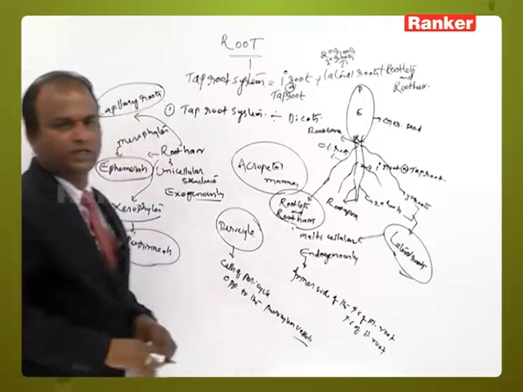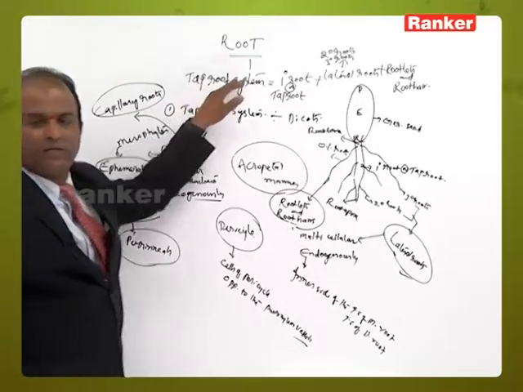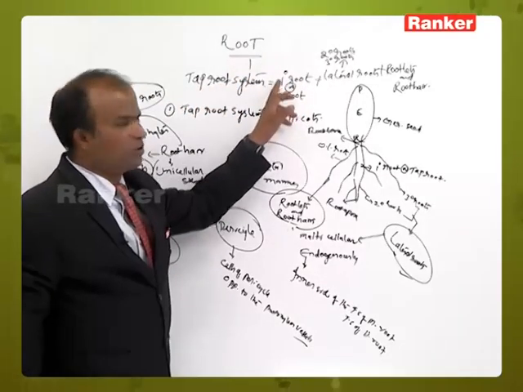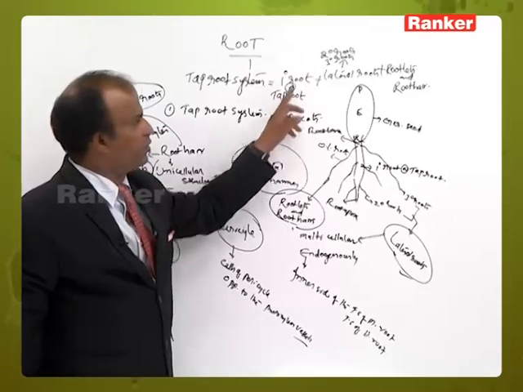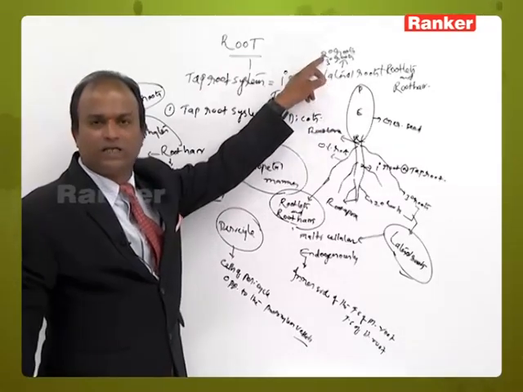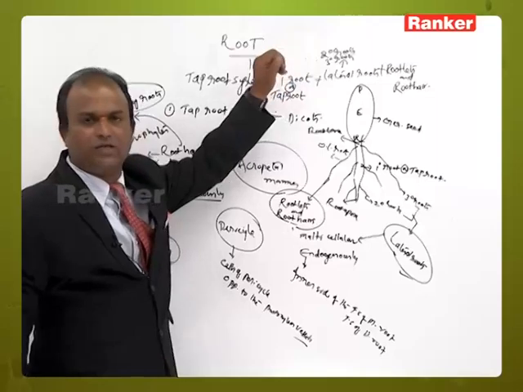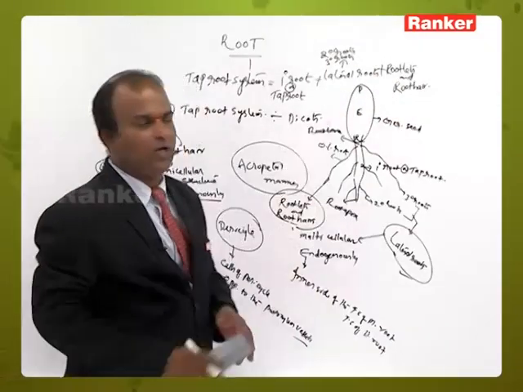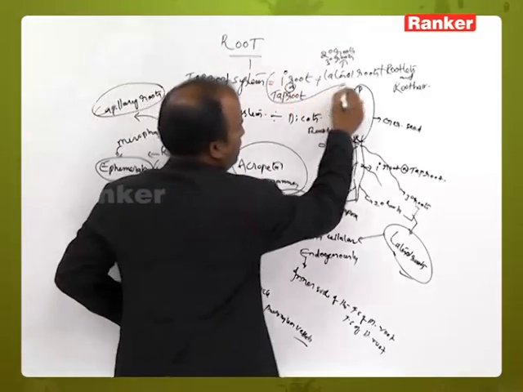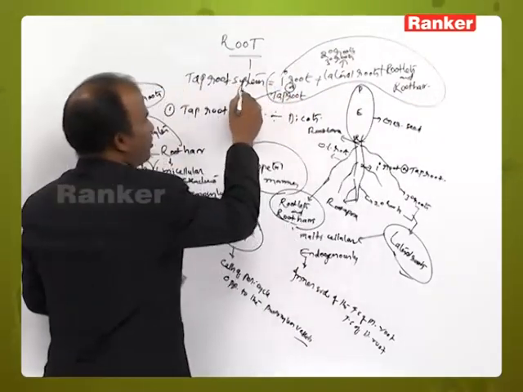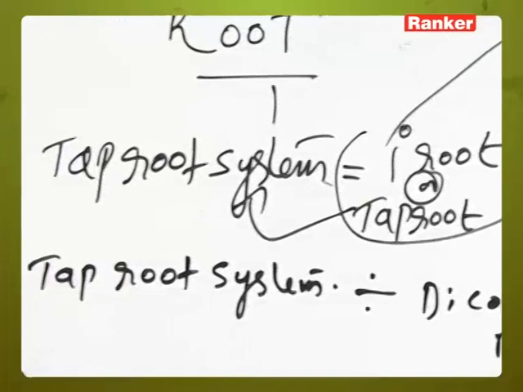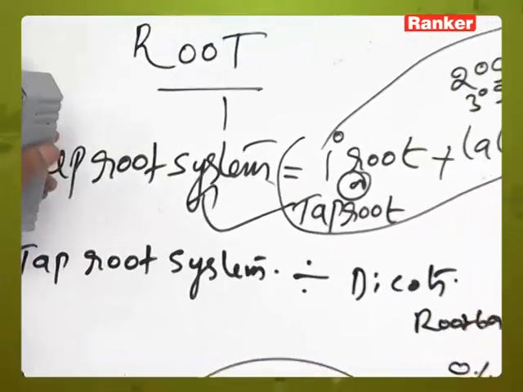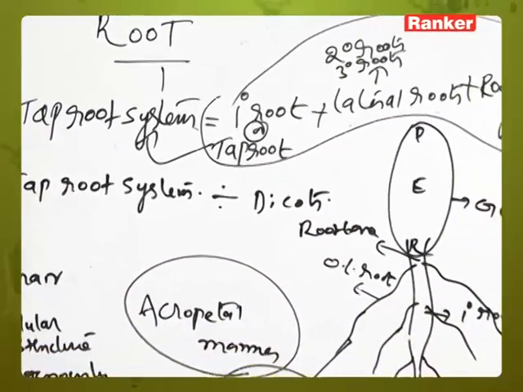Now listen here. The taproot system includes the primary root or taproot plus lateral roots, that is secondary roots or tertiary roots, plus rootlets and root hairs. Altogether, this type of root system is nothing but the taproot system.